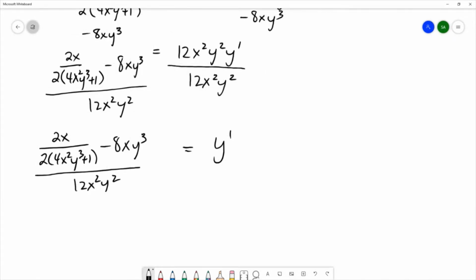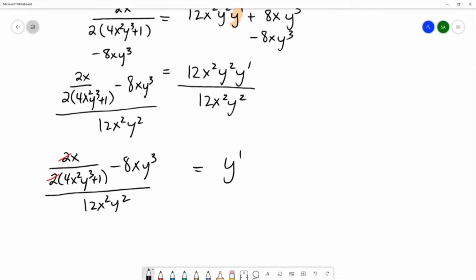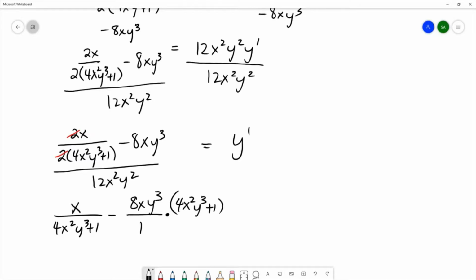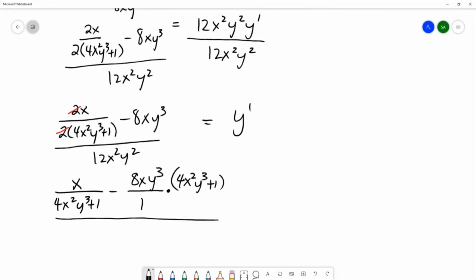So I could write this as the 2's canceling out. So I've got x over 4x squared y cubed plus 1 minus 8xy cubed, and I'm going to write that over 1, and I can get a common denominator by multiplying by 4x squared y cubed plus 1 all over 12x squared y squared.